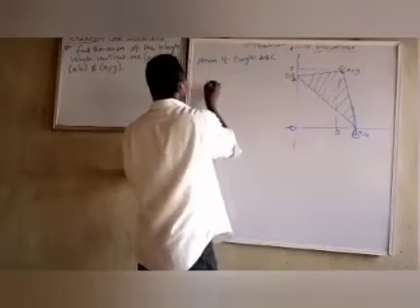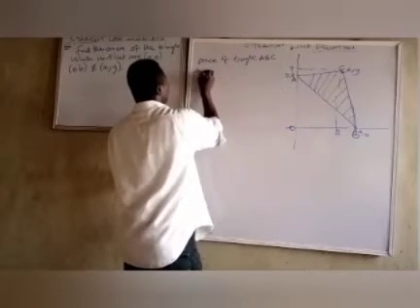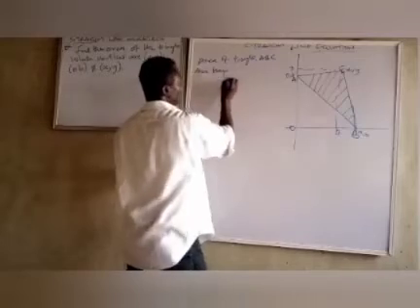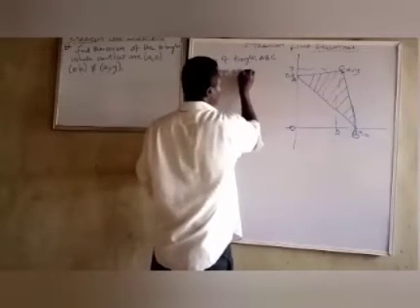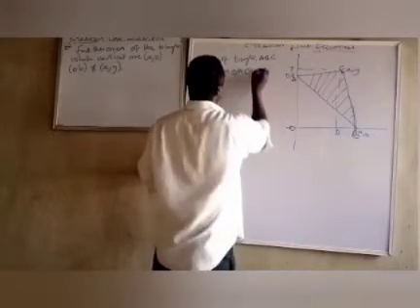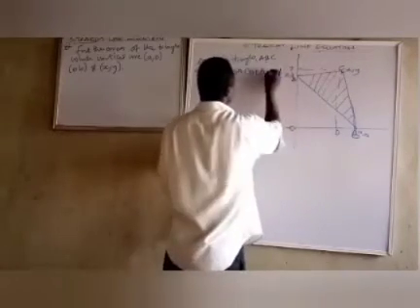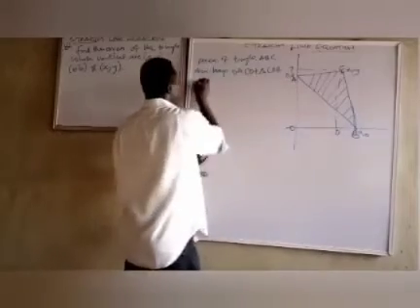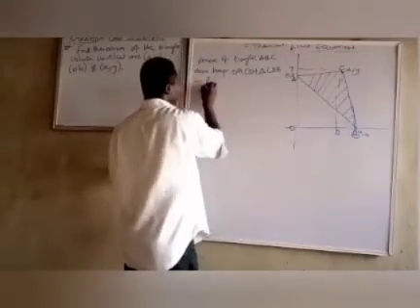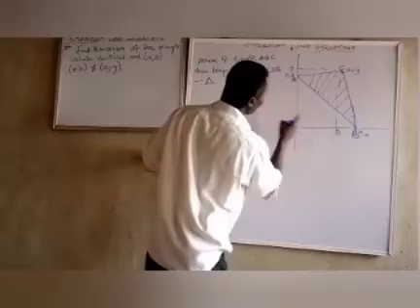We have area of trapezium OACD plus triangle CDB, minus the area of triangle OAB.